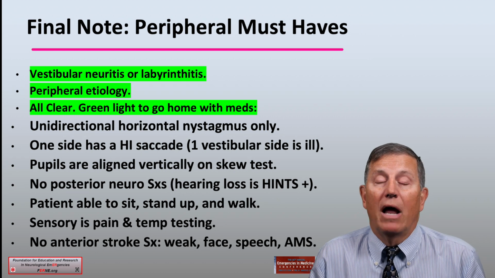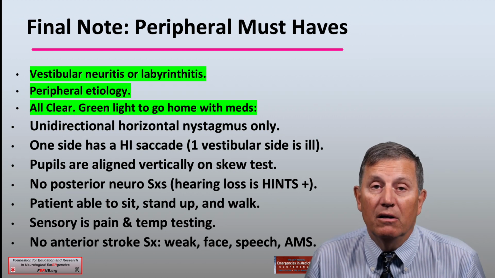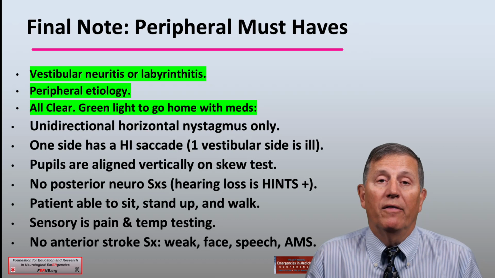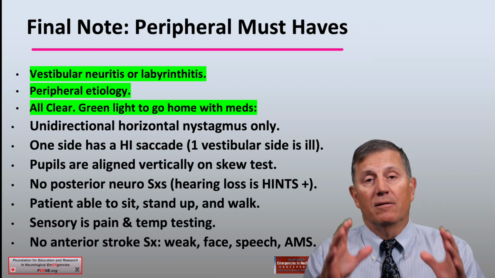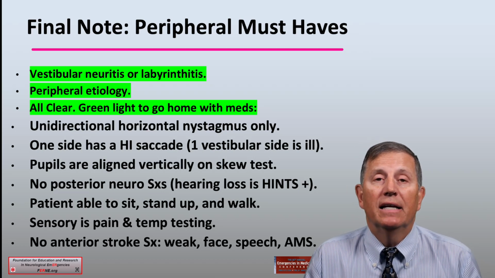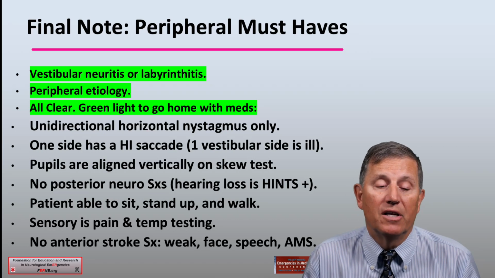So our final note on peripheral etiology must-haves in a patient with constant dizziness, present at the time of evaluation, diagnosed with acute vestibular syndrome.